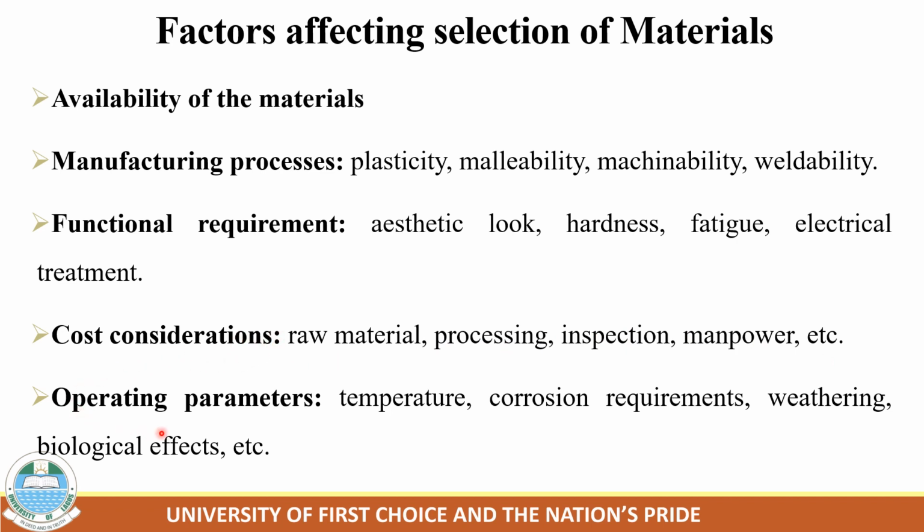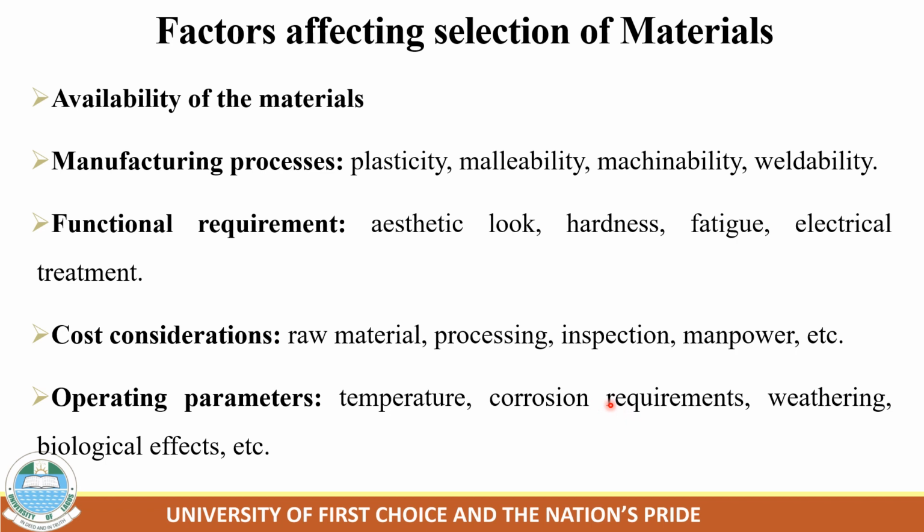And also the last one is operating parameters. What are the parameters you are looking for in the material you want to use? Is it to have good conduction of electricity or heat, that is temperature, or corrosion requirements? So maybe the project you want to fabricate, you want it to be corrosion resistant, so it is part of the operating parameters.